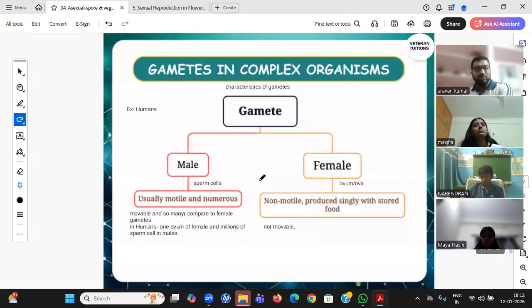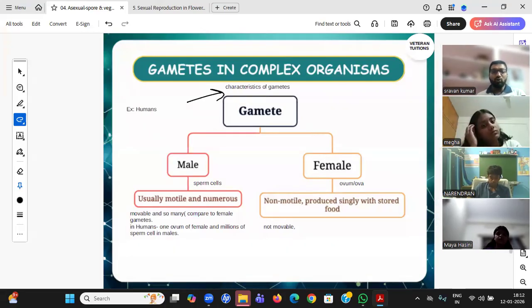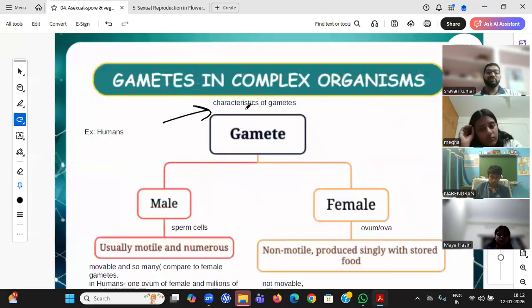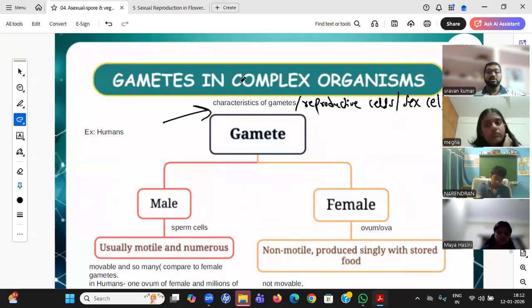Please write the characteristics of gametes in complex organisms. Whenever I use the word gametes, they mean reproductive cells or sex cells, all of which are the same. I am speaking about complex organisms like plants, humans and animals, and especially I am taking the example of humans.